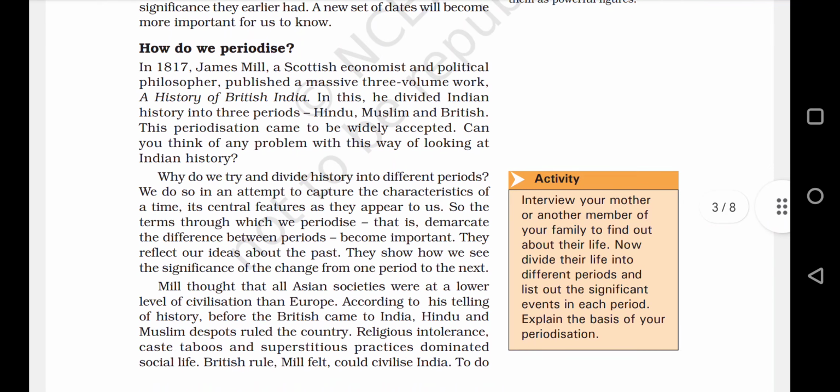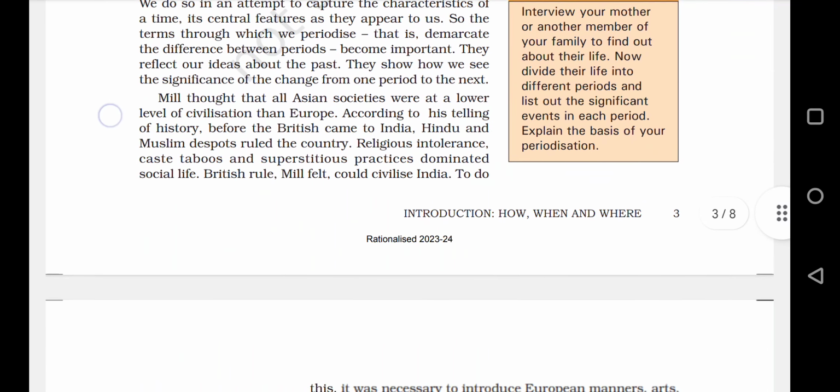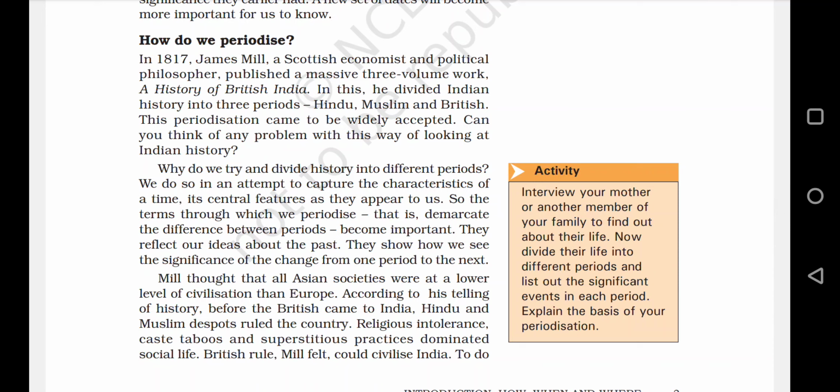Then we will talk about one more date. It is 1817. In 1817, a Scottish economist and political philosopher published a massive three-volume book, a history of British India, and it was produced by James Mill. It is again important because here you see the periodization of Indian history into Hindu, Muslim, and British.